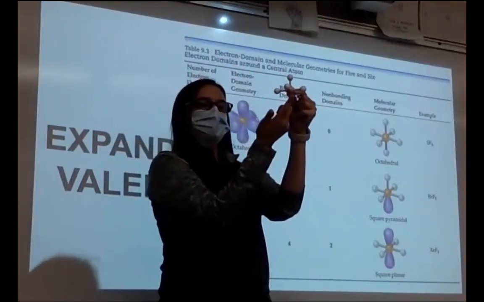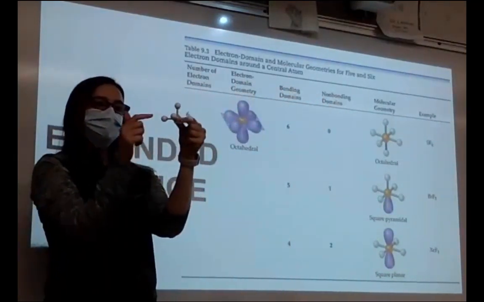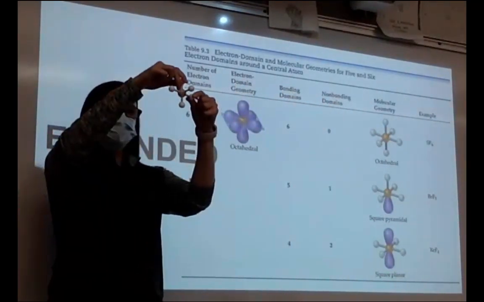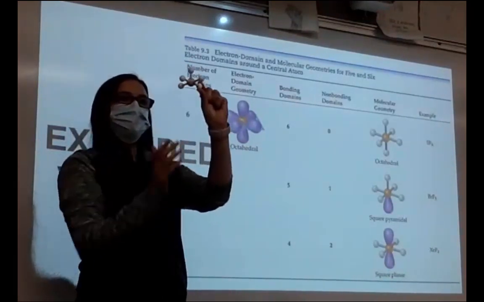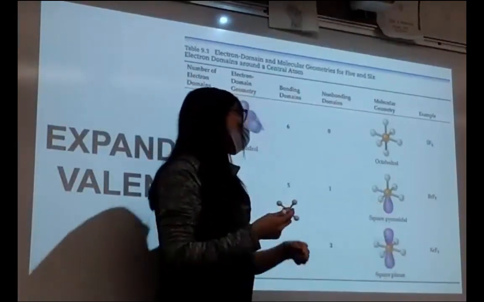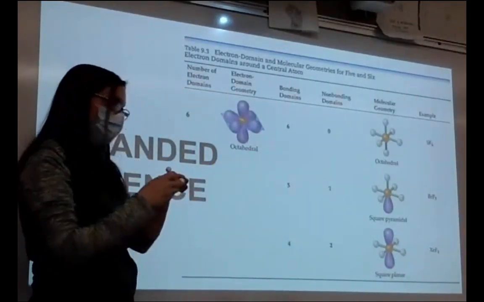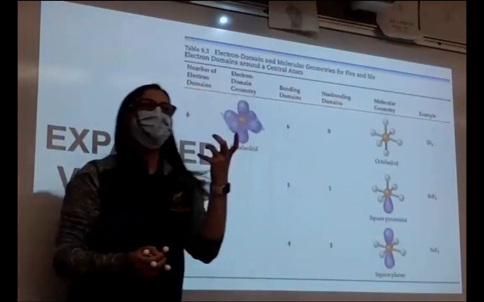Now I have a lone pair down here. This creates a square pyramid because this makes a square, and if I connect all the sides, it makes a pyramid. So 5 atoms bonded, 1 lone pair, square pyramidal. This is polar because there's just 1 lone pair of electrons.